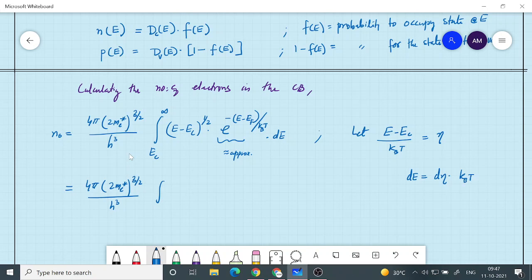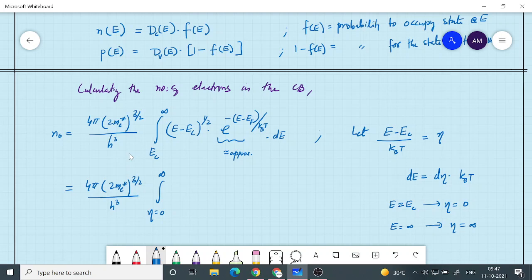And when E is equal to EC, the lower limit, eta is going to be equal to 0, because eta is (E minus EC) by kBT, and EC minus EC is 0. And then E equal to infinity, eta is also infinity. So eta goes from 0 to infinity.